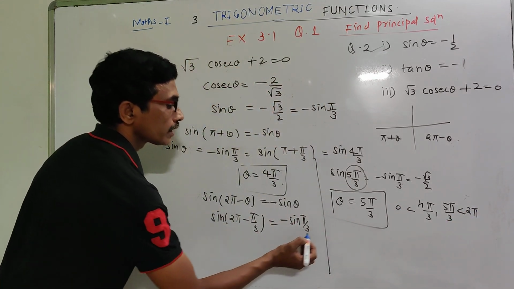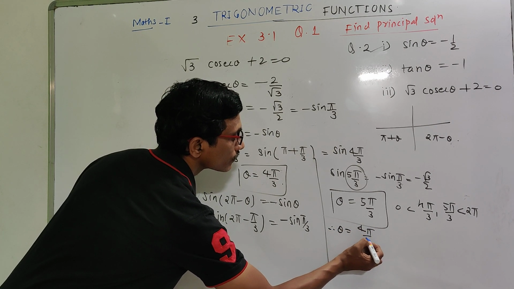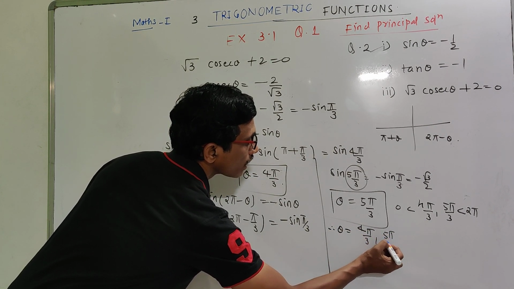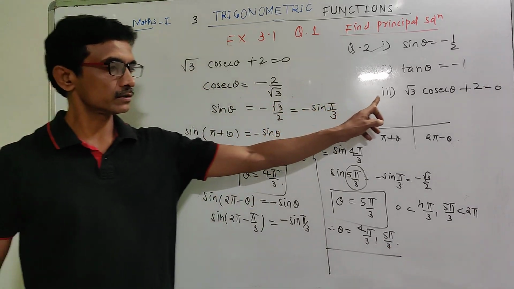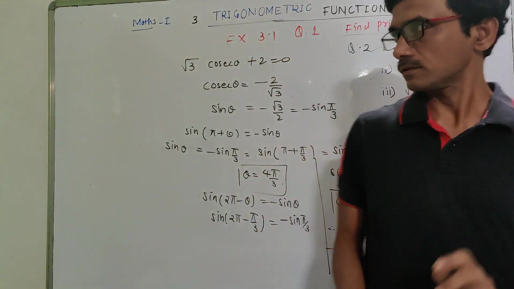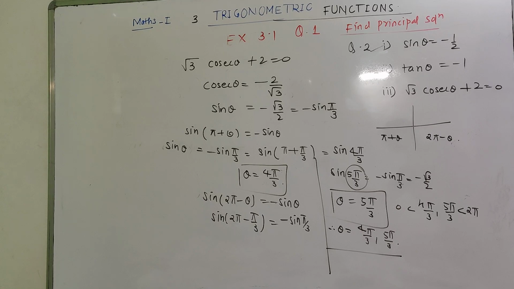Therefore, theta is equal to 4 pi by 3 and 5 pi by 3 are principal solutions of the third sub question. Second, you try yourself.